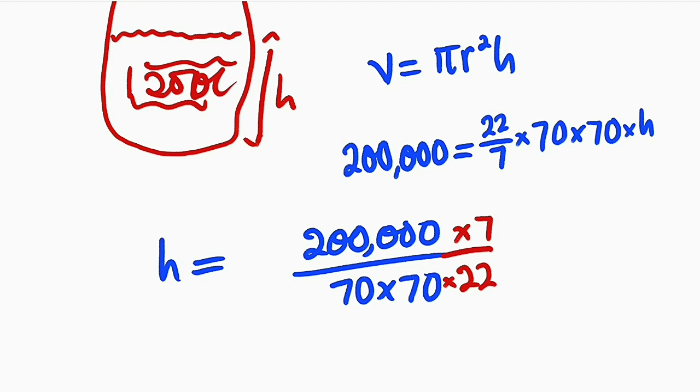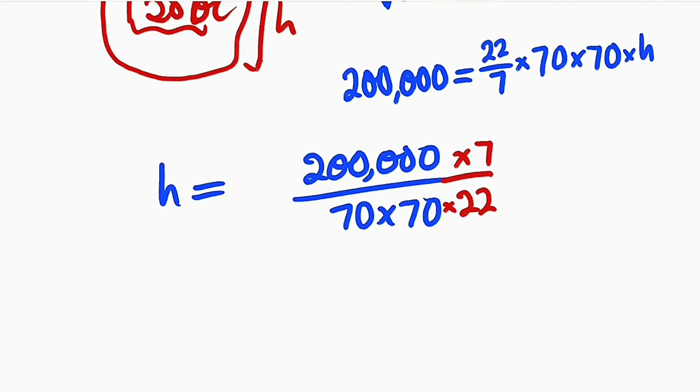So let me use my calculator and press everything directly. We have 200,000 multiplied by 7. Then we need to divide by 70. We divide by 70 again. Then we divide by 22. This is approximately equal to 12.987 and so on.